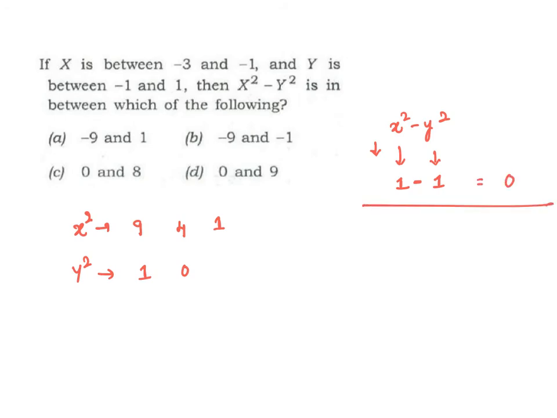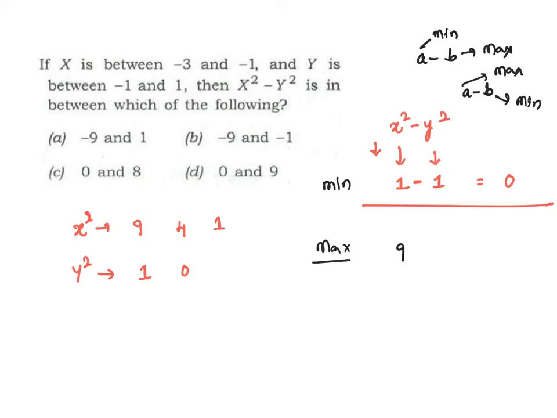If you want to find the least value of a minus b, choose minimum for a, maximum for b. If you want to find the maximum value of a minus b, choose maximum for a, minimum for b. Now find the maximum. Maximum of x square is 9, minimum of y square is 0, therefore 9. So the limit is 0 to 9. So the answer is 0 to 9.